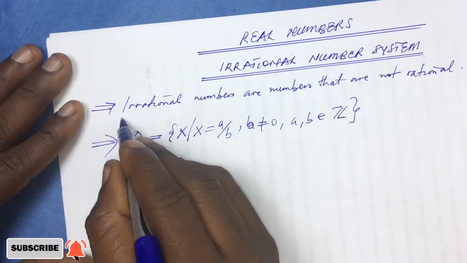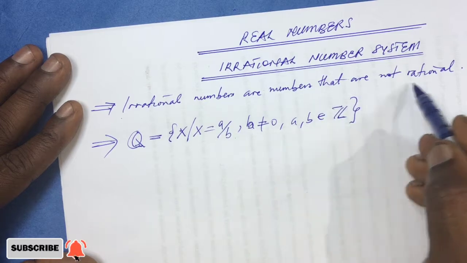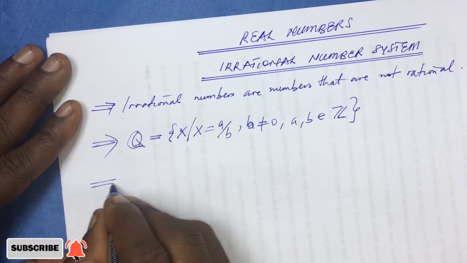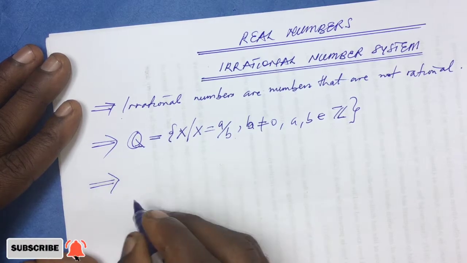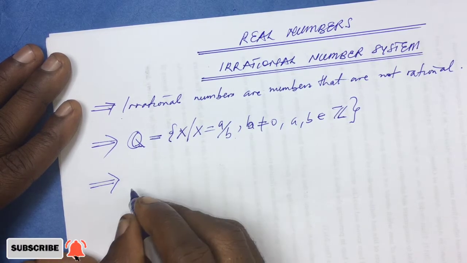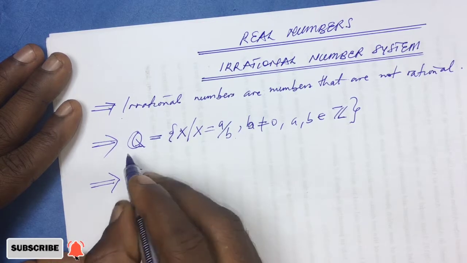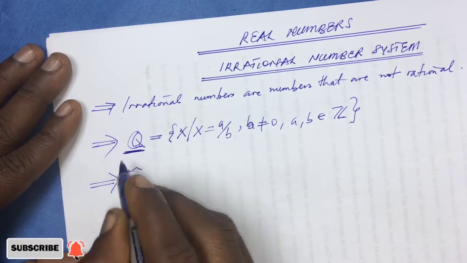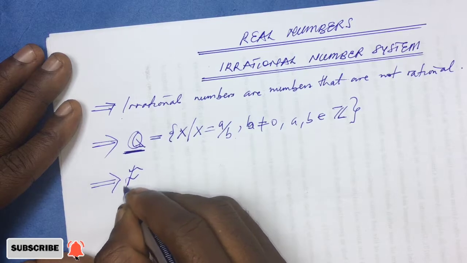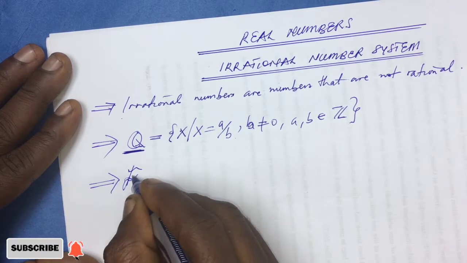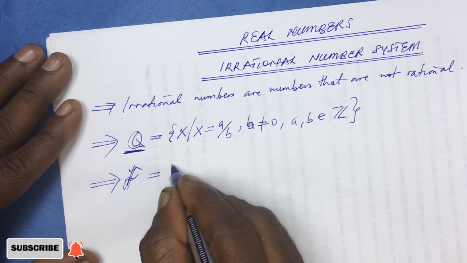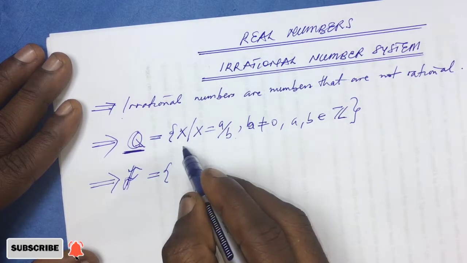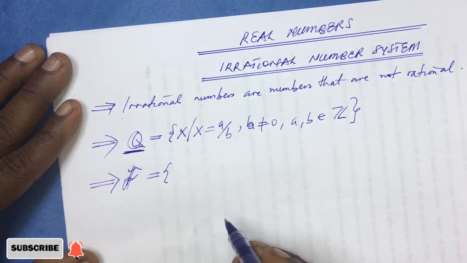Now, if irrational numbers are numbers that are not rational, then just like we represent rational numbers as Q, we can represent irrational numbers with this symbol F. Then we can define it in a similar manner to how we defined rational numbers.